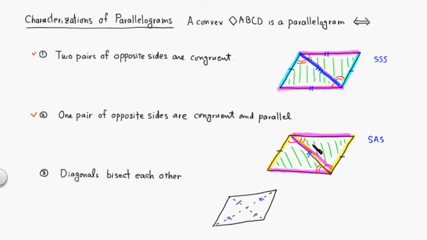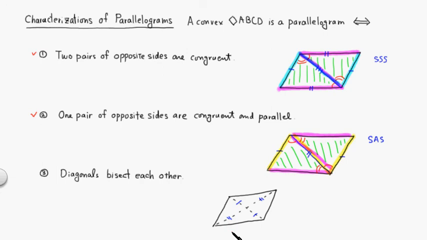And another one in terms of diagonals. We look at the diagonals. It says that diagonals bisect each other, which means that this diagonal and that diagonal meet at the midpoint. So this is the same length as that, and this is the same length as that.